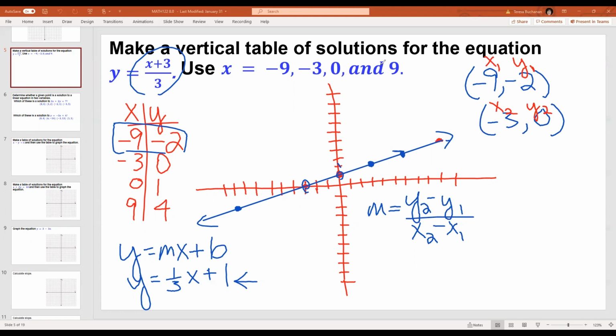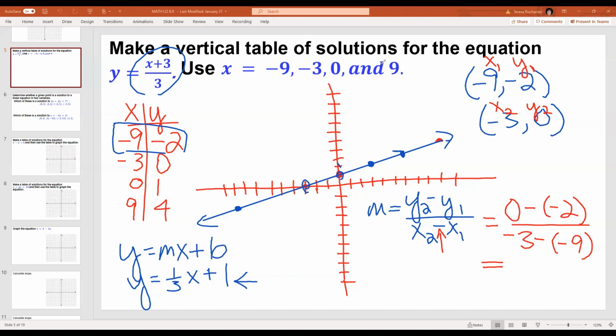So maybe you remember this, the y2 minus the y1 here would be 0 minus -2. The x2 minus the x1 would be a -3 minus -9. Be careful because this minus belongs to the formula and the other minus belongs to the number. So you do have those two negatives.